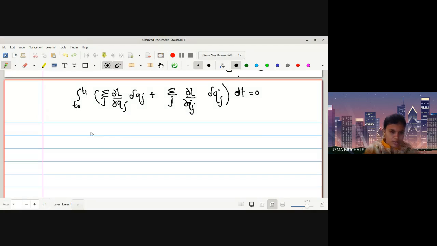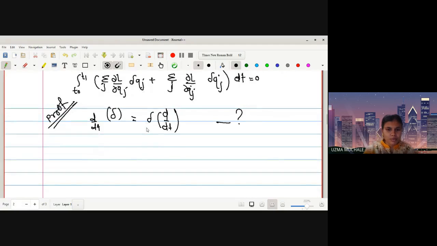Actually this is a relation given to us: d/dt of δ is exactly equal to δ of d/dt. Actually, I also don't know why this relation is like this. What is the proof for this statement? But now we have to use it, so that's why I am using this. If you get the proof for this, you can also send me that d/dt of δ is equal to δ of d/dt. No doubt we will get the proof, but right now I don't have the proof for this. That's why I am telling you clearly that I don't know the proof for this.